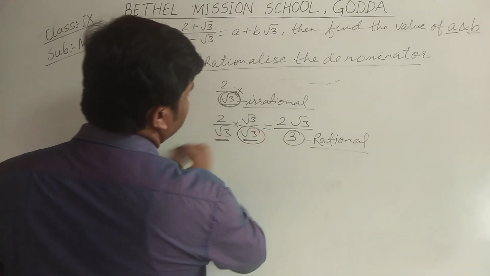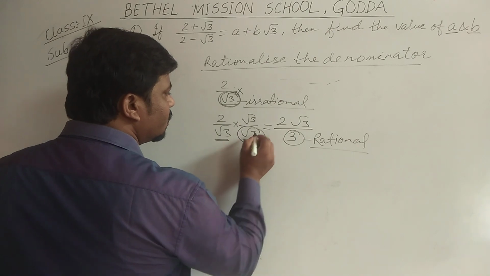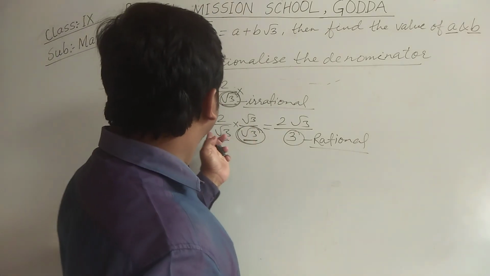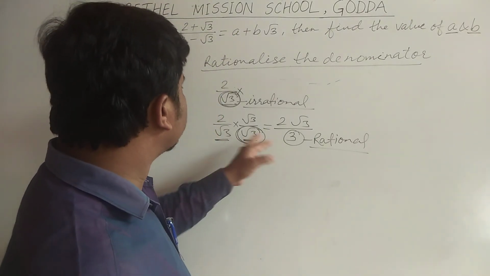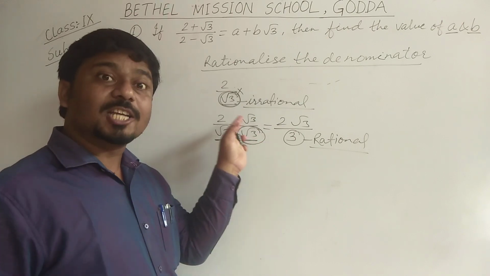But the number by which you get the rational after multiplying is called the conjugate or rationalizing factor.